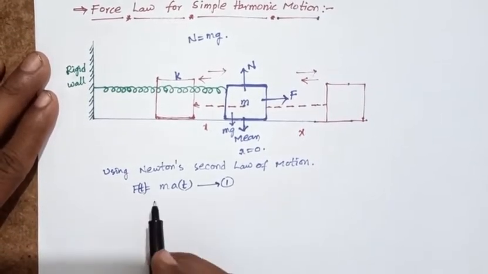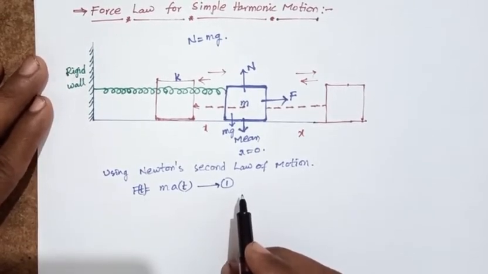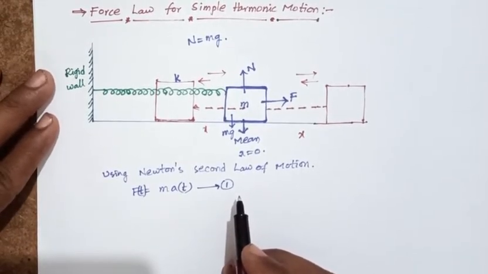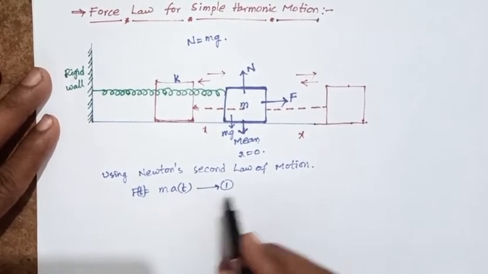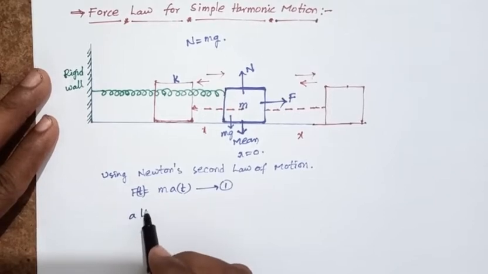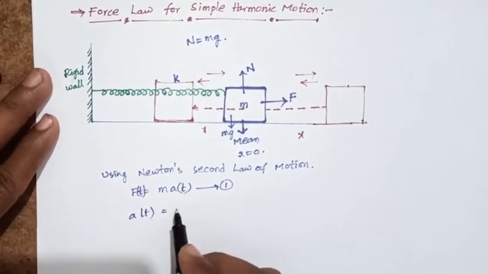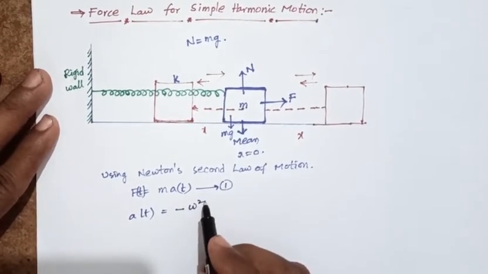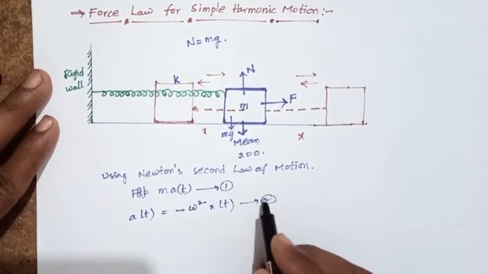Next, from the topic velocity and acceleration of simple harmonic motion, what is the equation? a of t equals minus omega square into x of t. This is equation number 2.